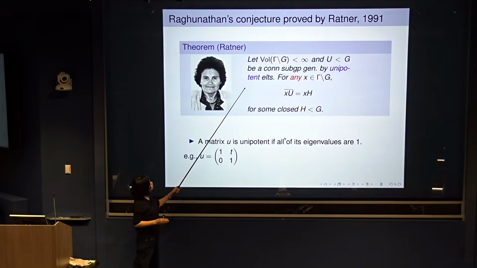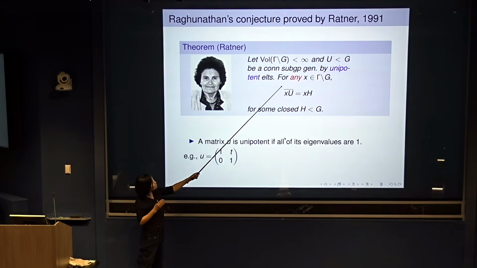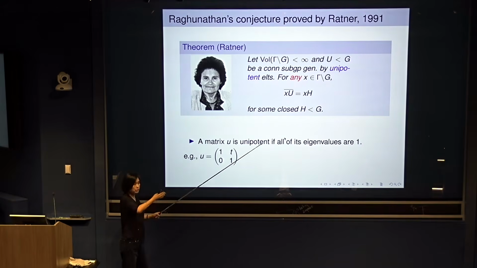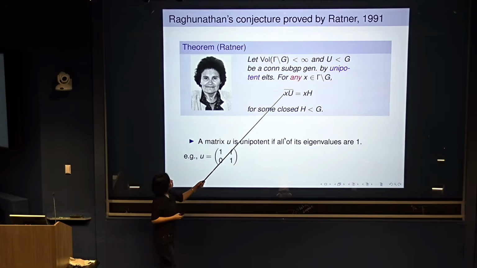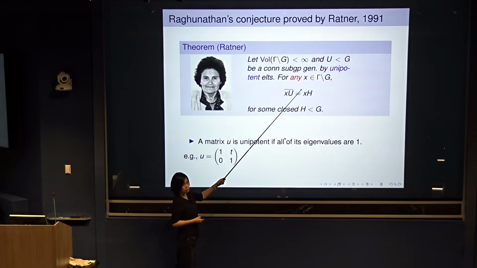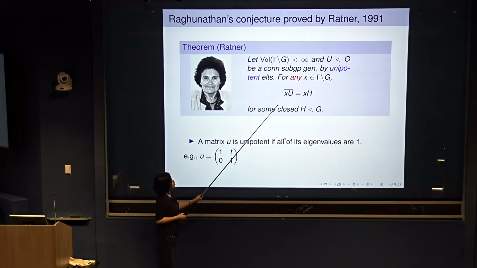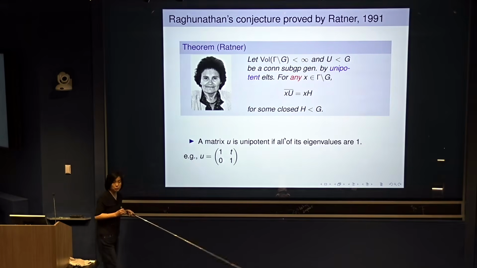So you just want to know that your subgroup can be generated by matrices with all eigenvalues 1. Then in that case, for any starting point x in G mod gamma, the closure of your orbit will be another homogeneous space of some closed subgroup.